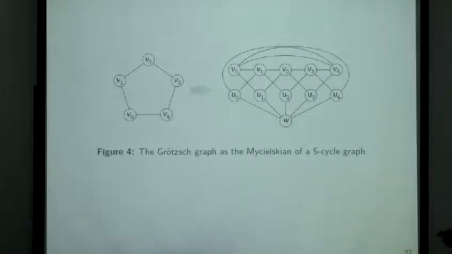We have 5 vertices here, and we add 5 vertices corresponding to these vi and another vertex w, and then w must be joined to all of the vertices ui, and because of these edges which there are here, we add some edges between ui and vj.